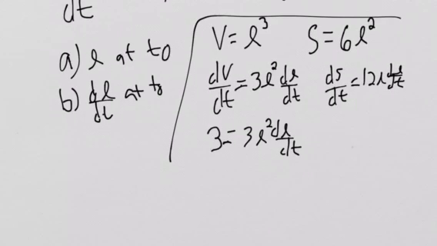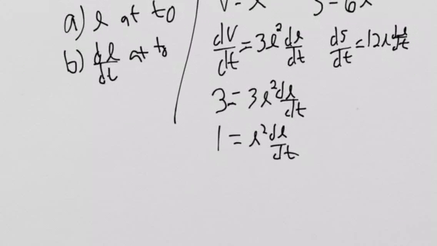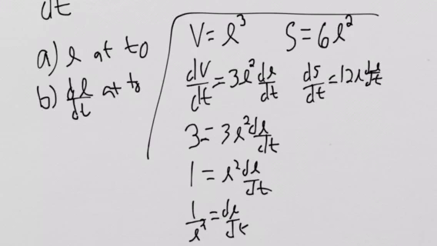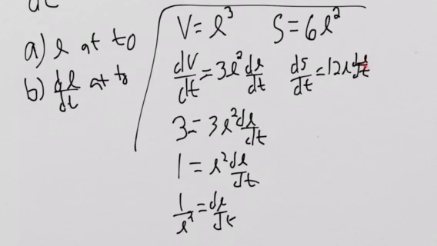Okay, so then when we divide 3 over, we get 1 equals L squared dL/dt. And then we find out that 1 over L squared equals dL/dt. So now we're going to substitute. We're going to take our 1 over L squared and substitute it in for dL/dt, because that's what dL/dt is equal to.